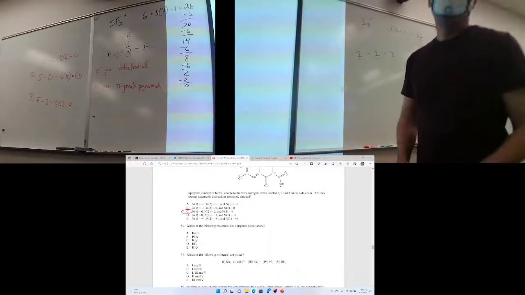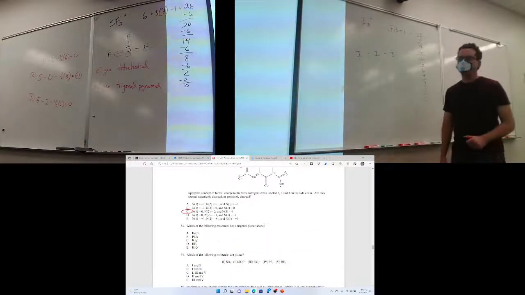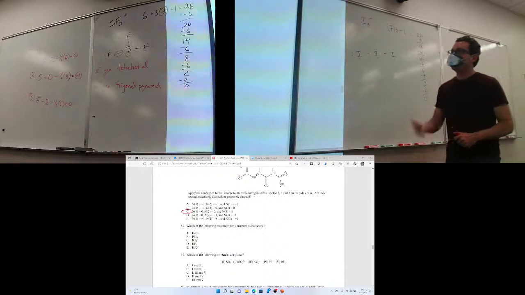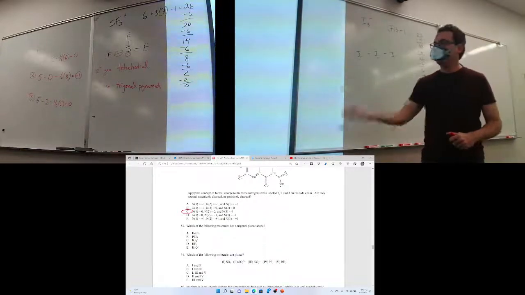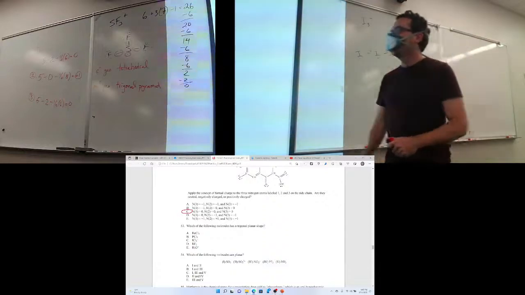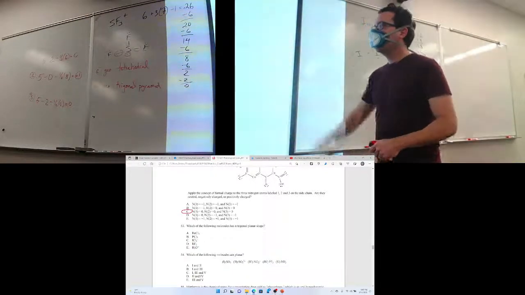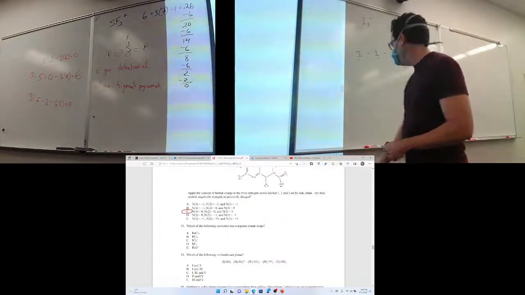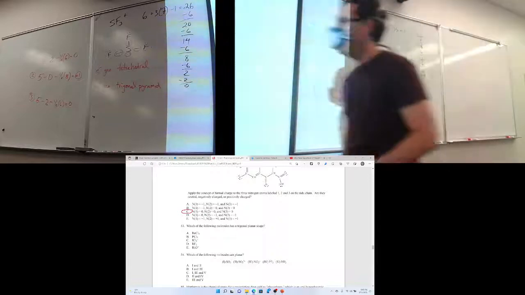All right. Which of the following molecules has a trigonal planar shape? These are the worst because you have to kind of draw them all out. But for trigonal planar, you can eliminate some of them. You need 3 things bonded to a central atom at least. So you can get rid of A, you can get rid of C. So we have to look at B, D, and E. Okay.